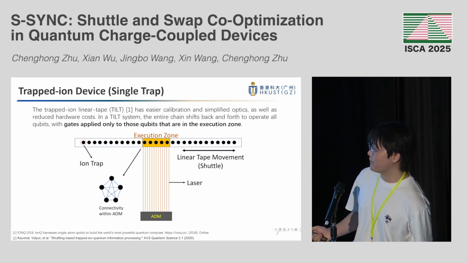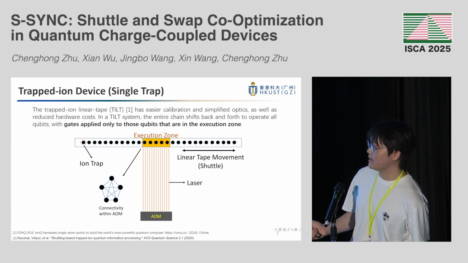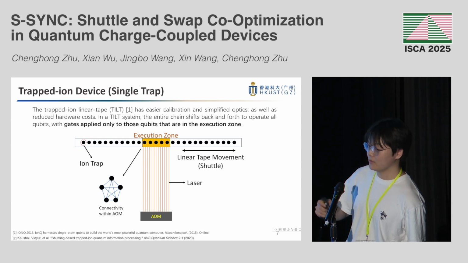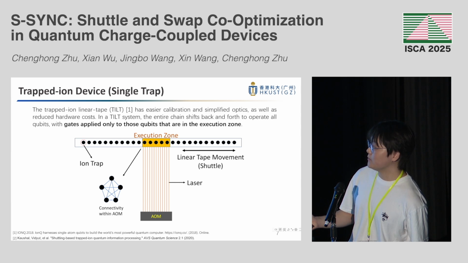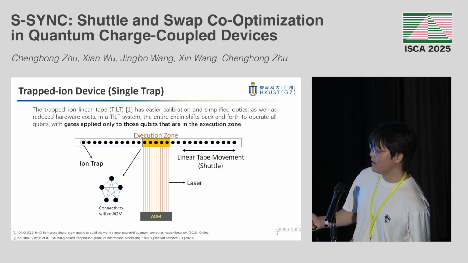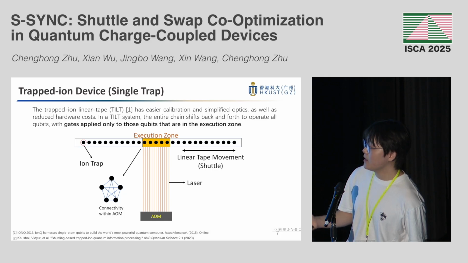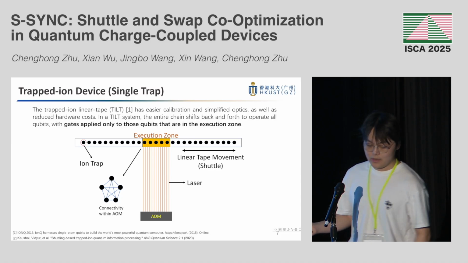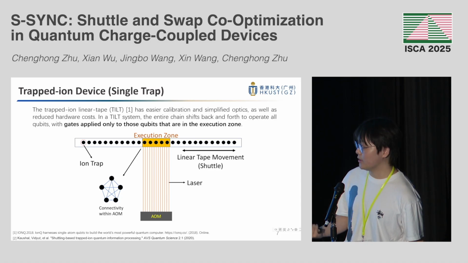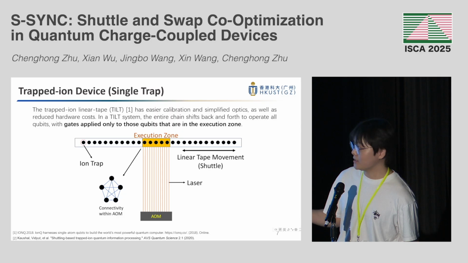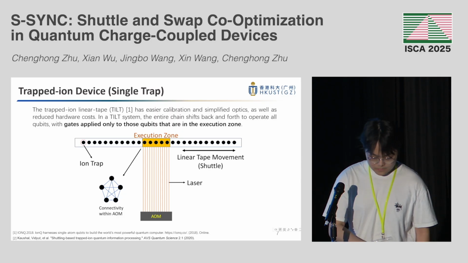To be concrete, if we want to apply any two-qubit gate, we can only do so in this yellow area, which is in the LM or LD zone. If we want to apply gates to any qubits outside this area, we need some movements, which is known as shuttle, and this could cause a lot of fidelity loss during the process.